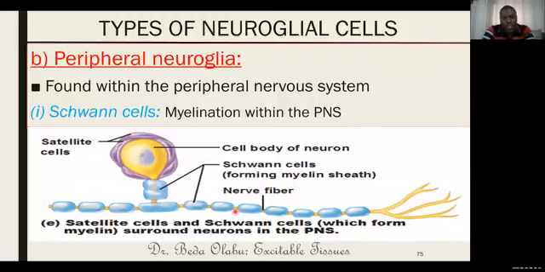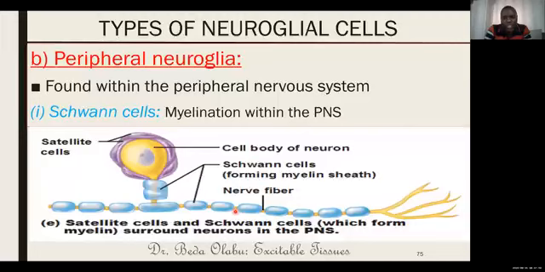The third difference in terms of central and peripheral myelination is more about the type of proteins within the myelin sheath. Let me just keep it simple and say that the type of proteins that constitute the myelin sheath, well, the myelin sheath is actually lipid largely, but there's some proteins within this lipid. They're lipoproteins.